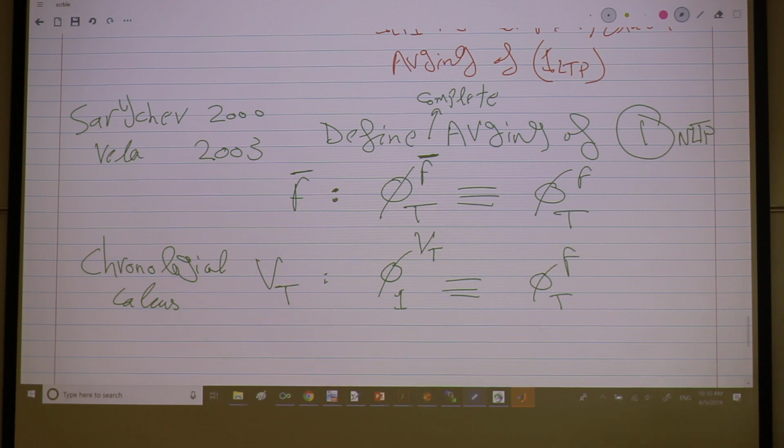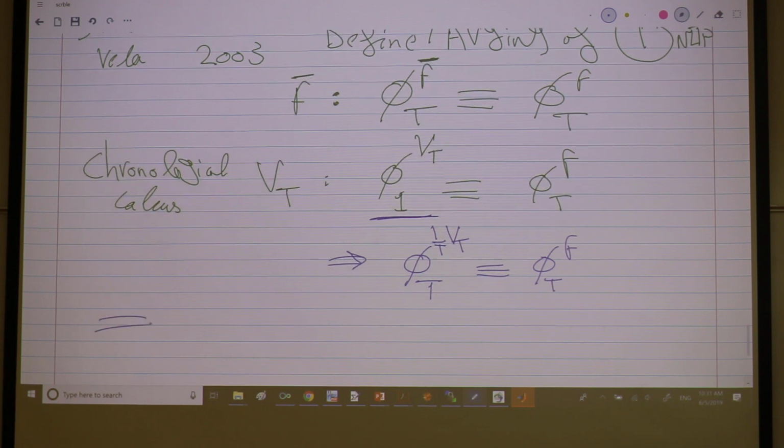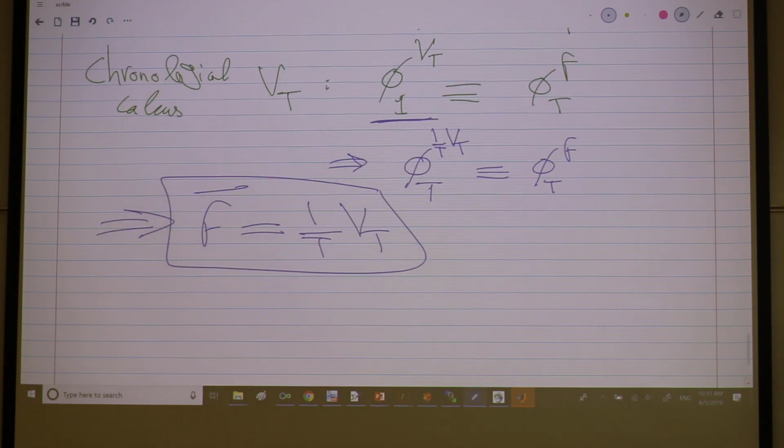So if you want to have this for the same time, that's super easy. I will have the time t here and divide by t of my vector field because it's time invariant. So from this, the complete averaging is nothing but this guy. So my complete averaging is 1 over t.